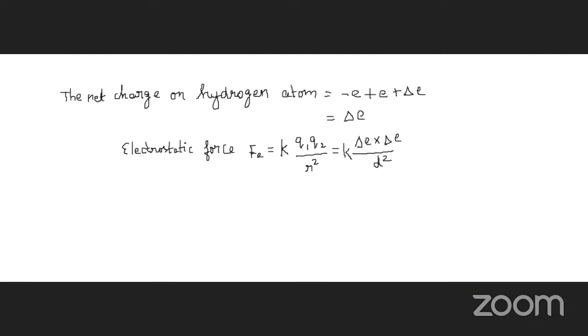So this will be k into delta E the whole square divided by d square. This is the electrostatic force between the two hydrogen atoms now. This is actually E, so you should not confuse yourself.